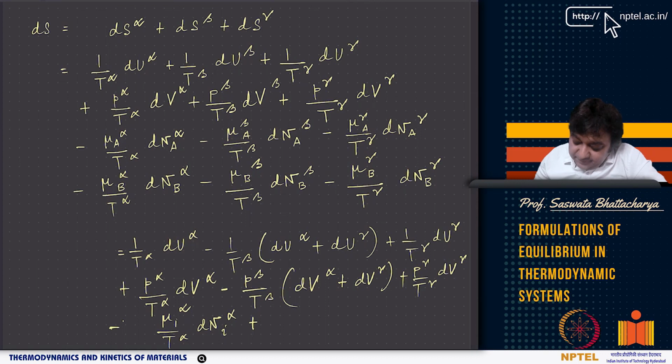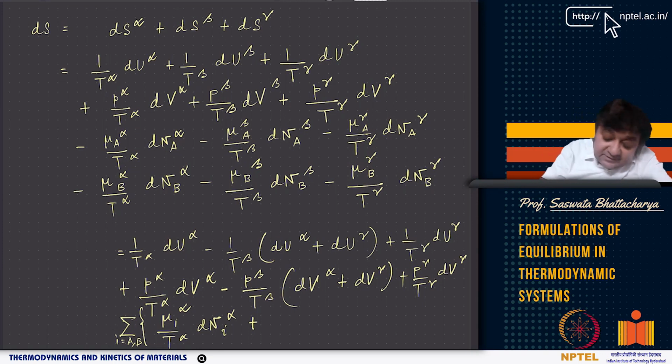So you have mu I, you are doing a sum here, I equal to A, B, and you are putting a bracket here. So this will be mu I alpha by T alpha, but see there is a minus here. So let us put the minus inside this bracket, minus mu I alpha by T alpha dNI alpha.